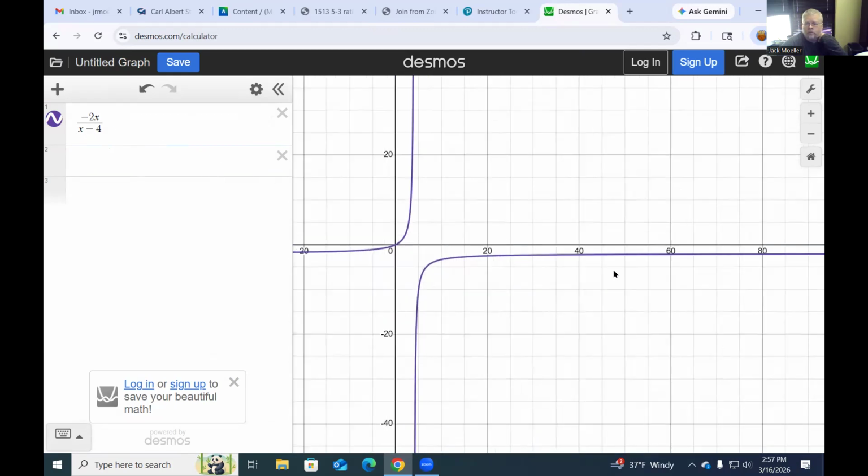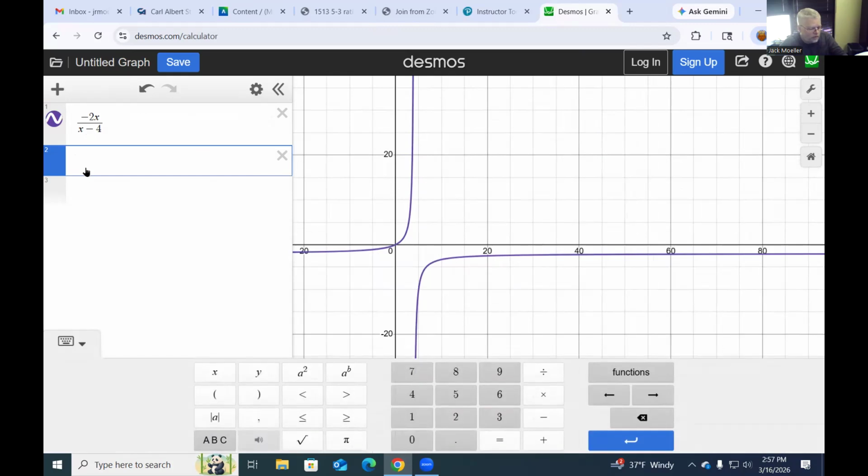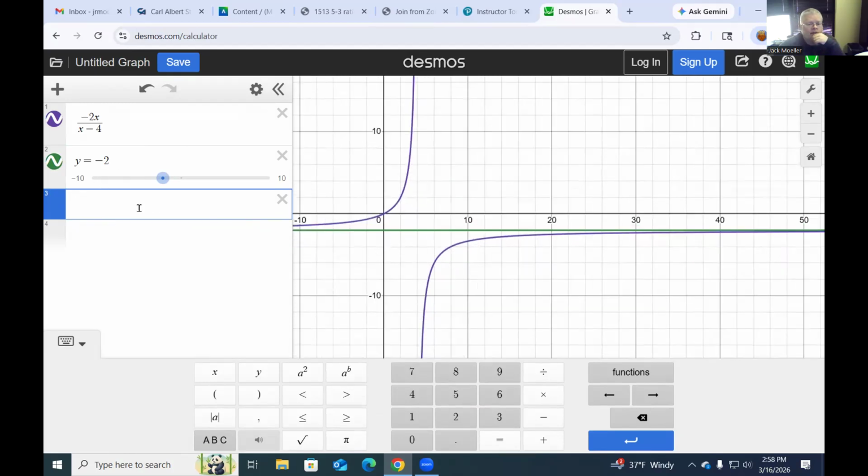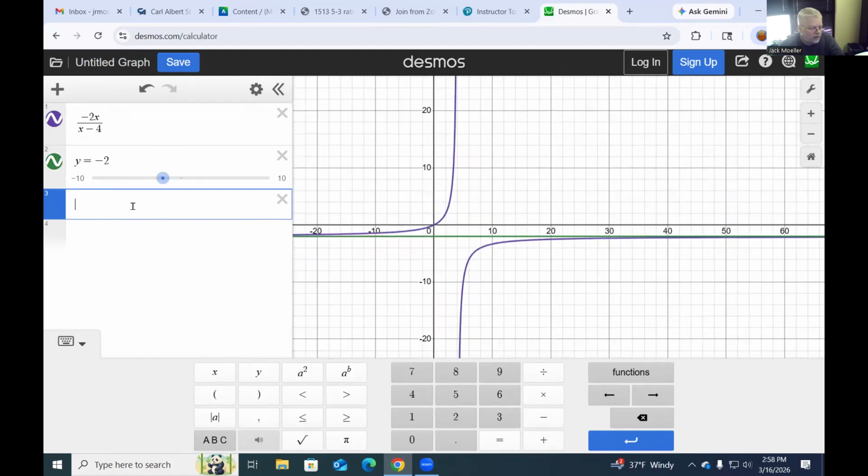So if you look at the horizontal, it's at y equals negative 2. Oh, and that's the nice thing about this: if you're guessing, type in the horizontal, like y equals, and then you can see, like if I typed in x equals 4, bam, there's our vertical asymptote.